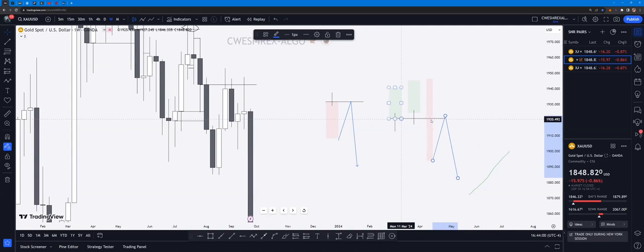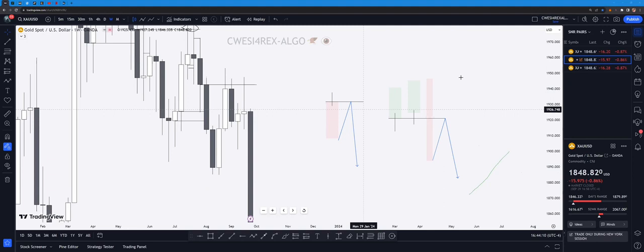This same level. And then price drops. That's a high probability setup. This is what I prefer. So you can draw the opposite of this.